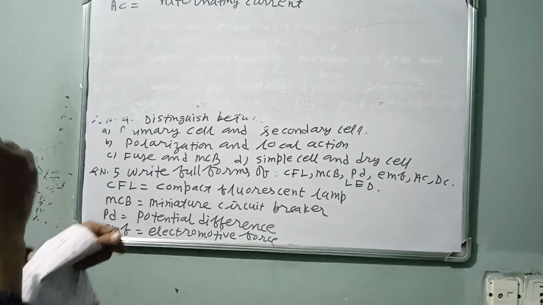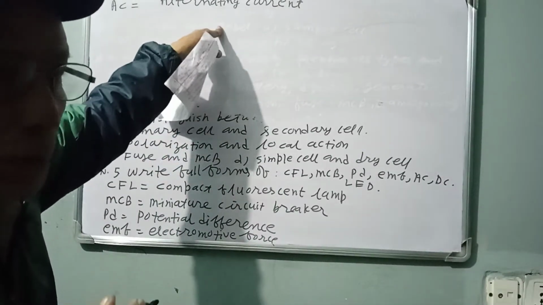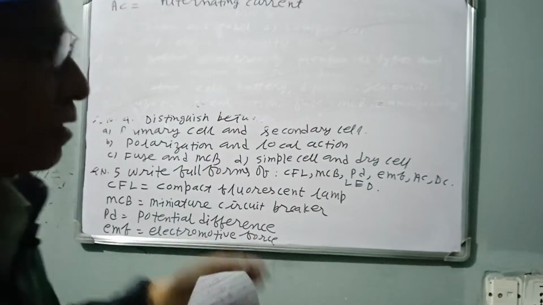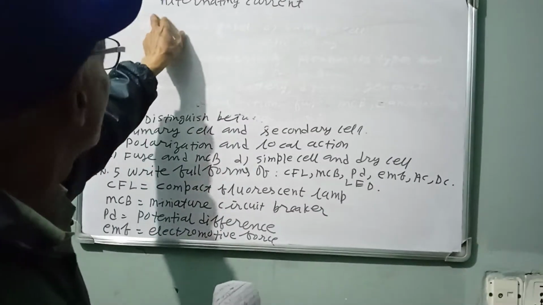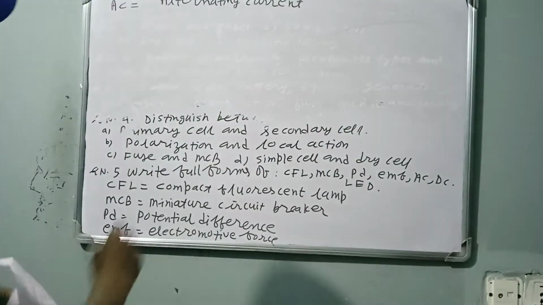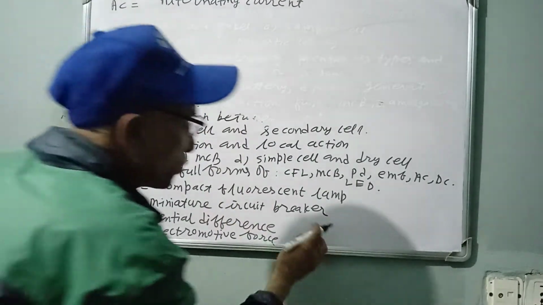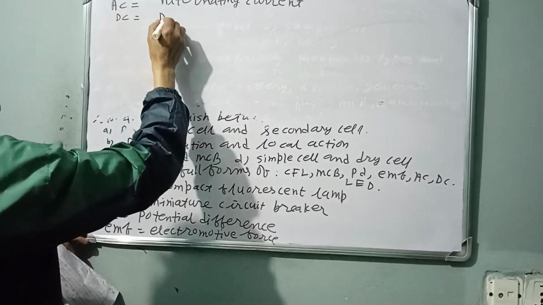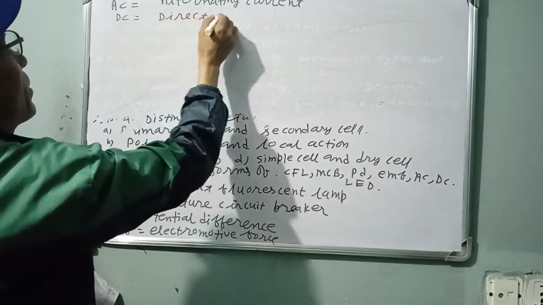It changes polarity and we can use a transformer to increase or decrease voltage. Using a transformer, AC can be made high or low voltage, so alternating current is more useful than direct current.